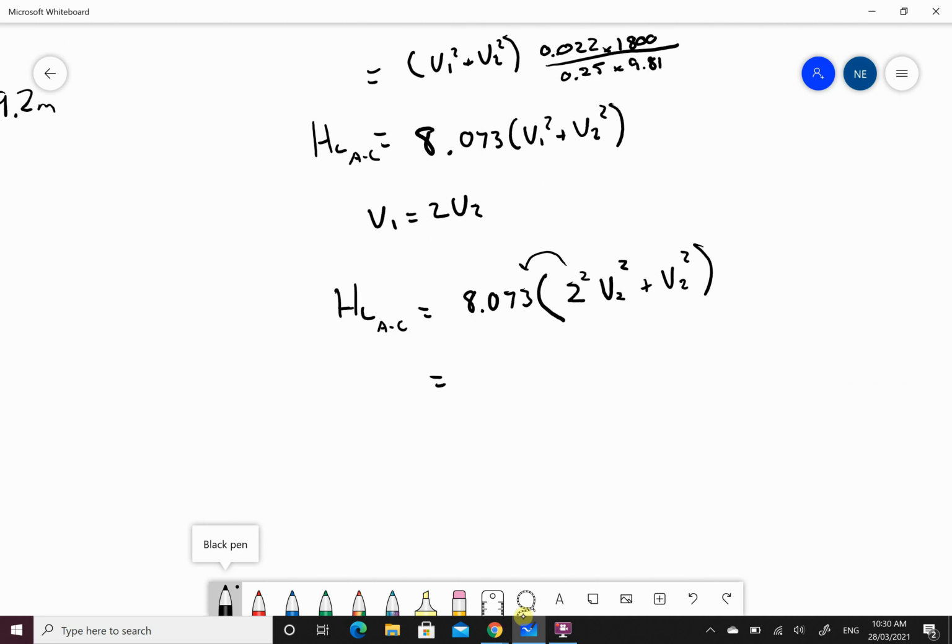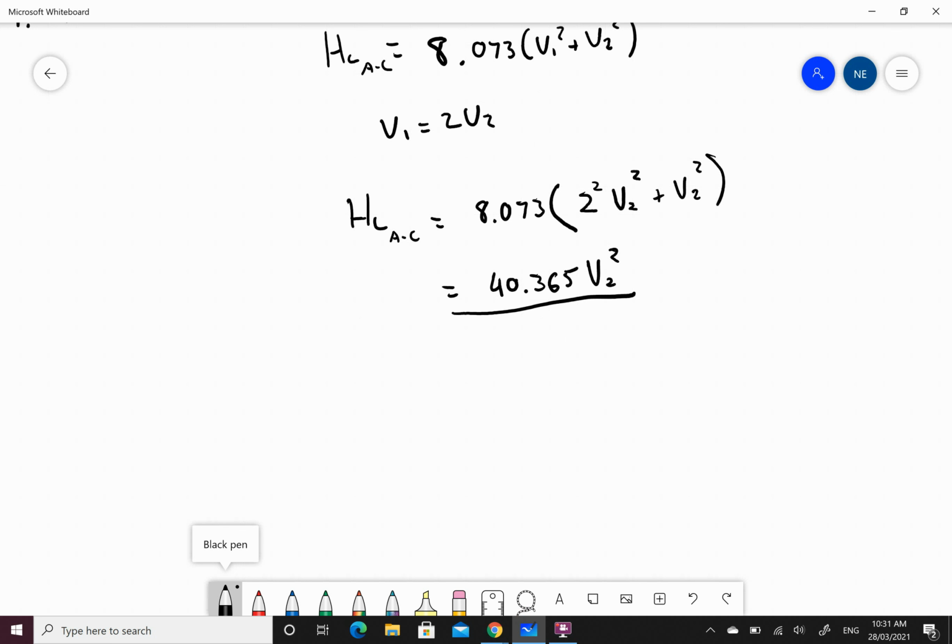Bring the 2 squared out the front, and we end up with 40.365 added together with V2 squared. That's in our total. Bring these out the front, add them together, and you're good to go.